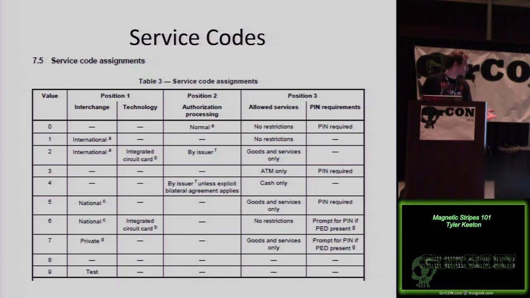If we look at 201, it's international, so I can use it wherever, but it also has an integrated circuit card, so it has a chip. Authorization is normal and there are no restrictions, so I can run it as debit or credit. 101 is the same thing, except it says, hey, no chip.